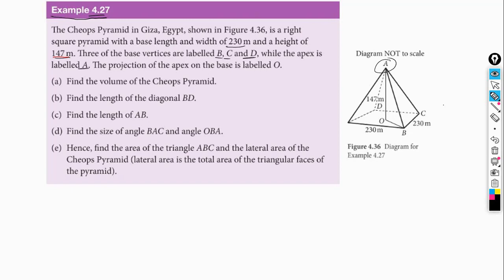The projection of the apex on the base is labeled O. So that is the projection right here, and this is O. And notice that AO is a height. Therefore, this here is a right angle.